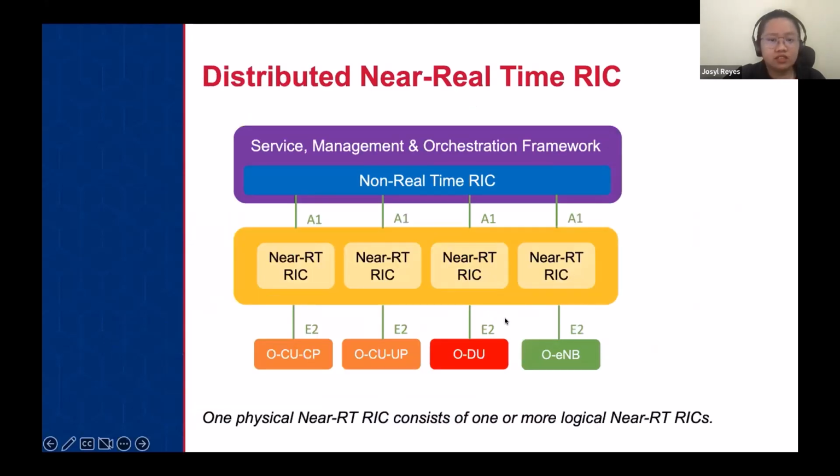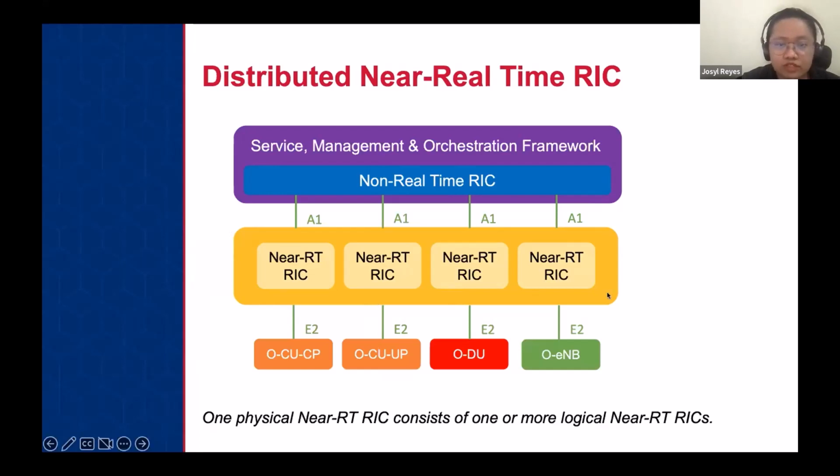Okay, so this is another way to implement the near real-time RIC. We'll have a distributed near real-time RIC, wherein you can see that there is one physical near real-time RIC, but it consists of more logical RICs or near real-time RICs.